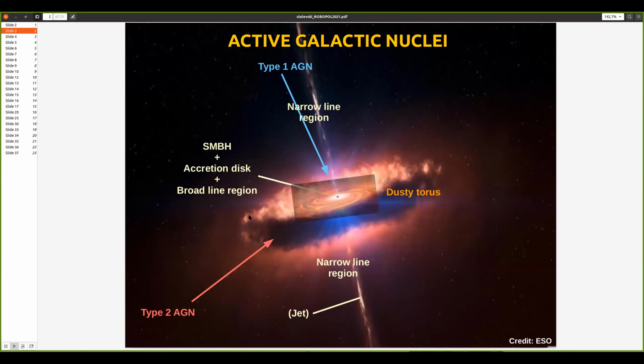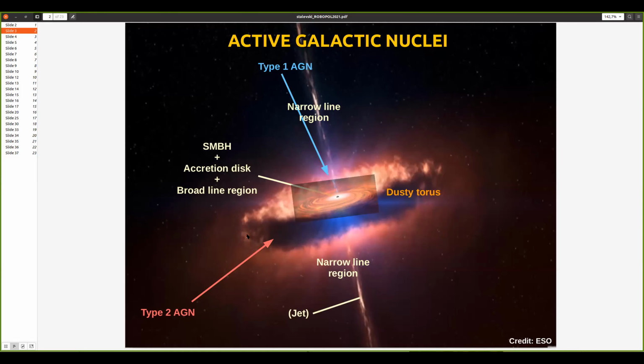Okay, you know this picture very well, so I just want to highlight that in this standard unification model, we usually have the dust confined in the equatorial region in the form of the so-called dusty torus.